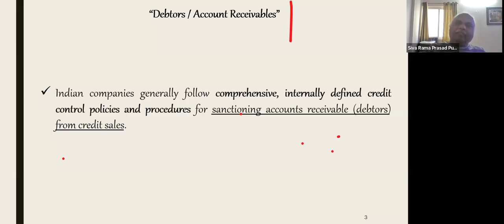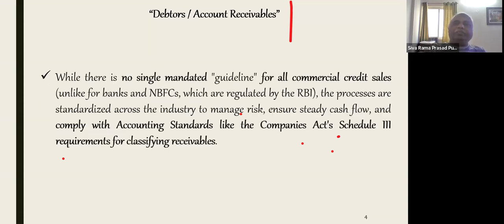Once the road is constructed, they have to submit the bills, and the government will take its own sweet time. In the meantime, it is an asset. Like in the case of fast moving consumer durable goods, they will take the bill of exchange from the buyers.